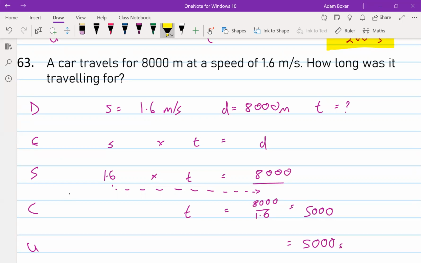Okay, so you should have 5,000 seconds, and there are your workings. So make sure you've got all the steps properly.